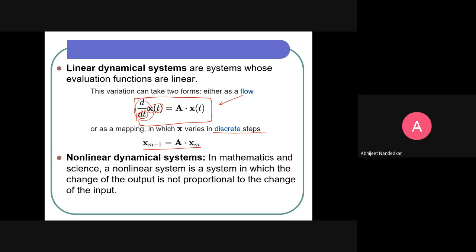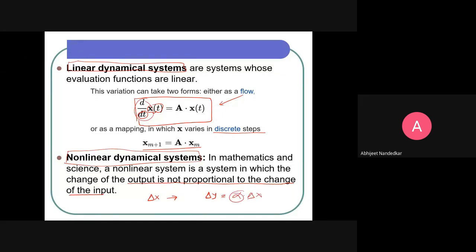Now this is about linear dynamical systems, but practically we face non-linearity. Non-linear dynamical systems are studied in mathematics and science. A nonlinear system is a system in which the change of output is not proportional to the change in input. So when there is a small change in x, and the output is, suppose, y, it is not like delta y is equal to alpha into delta x.